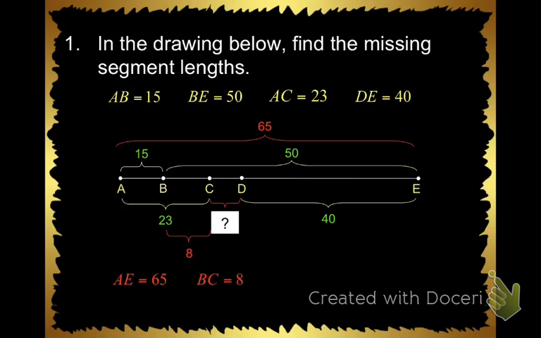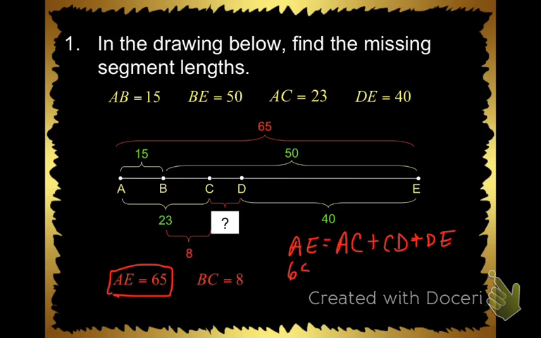Another missing segment, CD. Now we can do this a couple different ways. One possibility is to take our first answer for AE and use segment addition to say that is segment AC plus our missing CD plus DE.